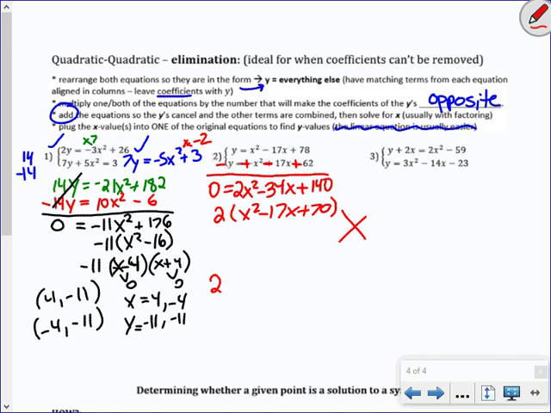So I'm going to use my little x. I need numbers that multiply to get 70, but add to get negative 17. Negative 7 and negative 10. And I have x squared minus 7x minus 10x plus 70.